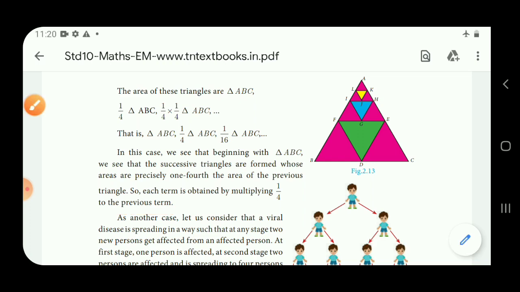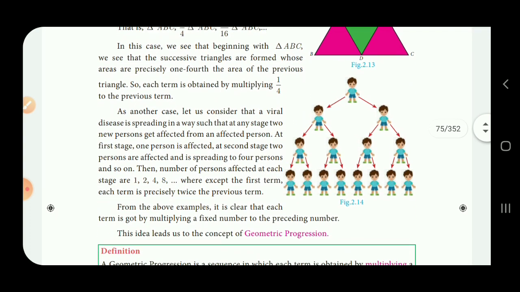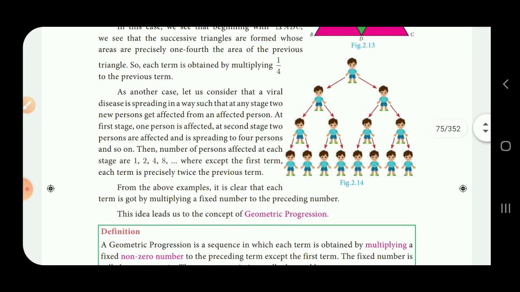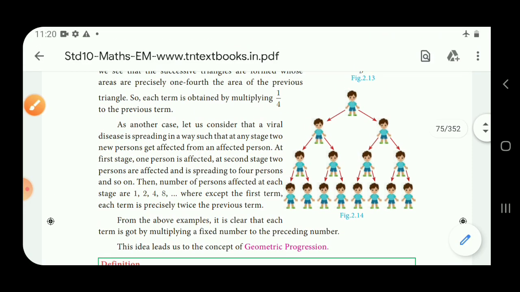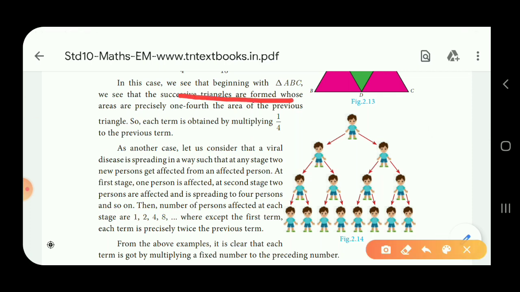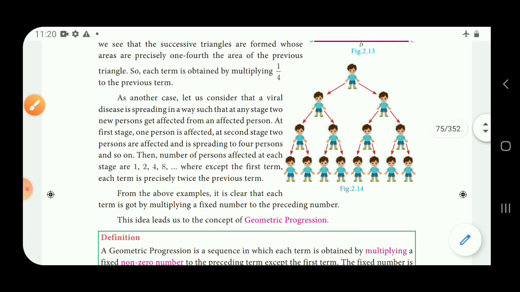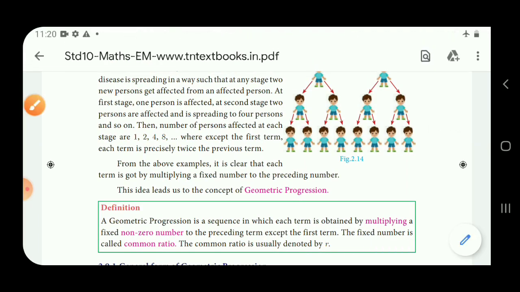So this is successive multiplying. Now we can see another case.